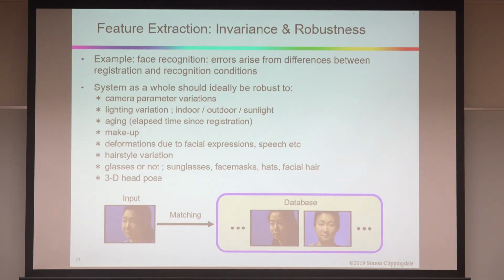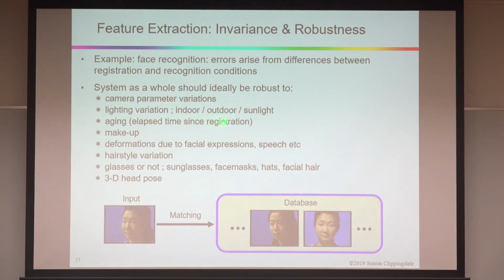In face recognition systems, errors tend to come from differences between the situation under which you registered people and the situation in which they appear subsequently in front of the camera. So we'd like it to be robust to camera variations, using a different camera from the one you used to register people, lighting variations, indoor and outdoor, sunlight, outdoor sunlight is particularly nasty.